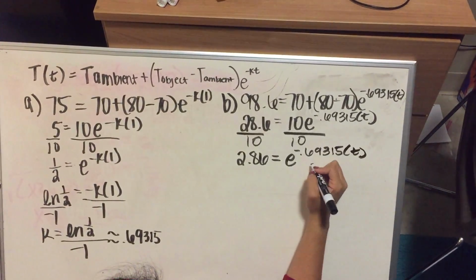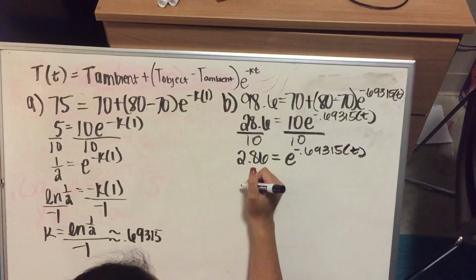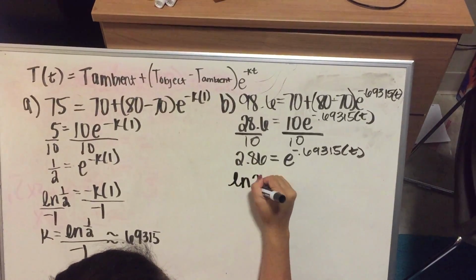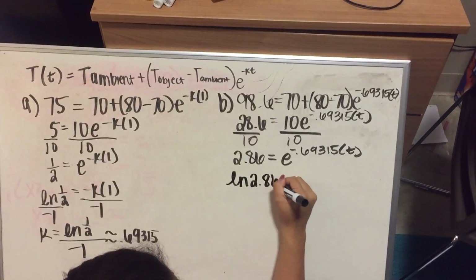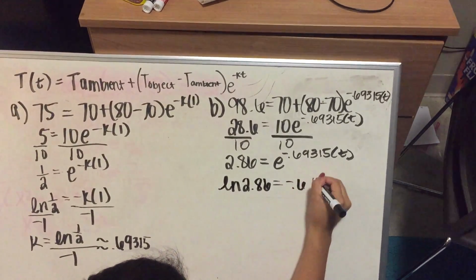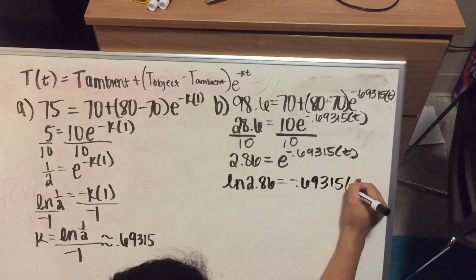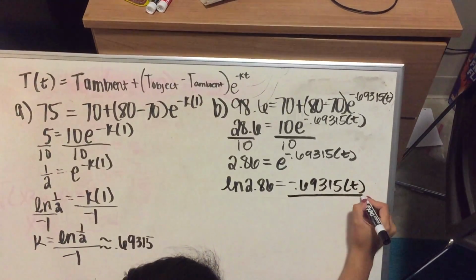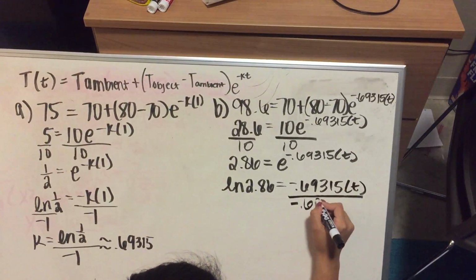And now, again, to be able to work with what is in the exponent, we take the natural log of both sides. The natural log of 2.86 is equal to negative 0.69315 t. Divide by k on both sides.